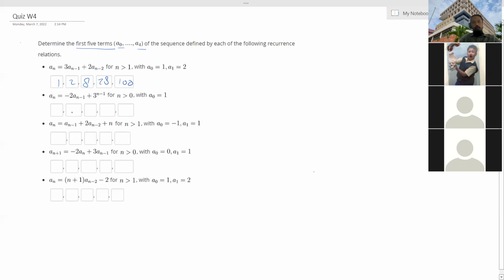What about this one? A0 is 1. Yes. What is the next one? Minus 1. So minus 2 times 1 is minus 2 plus 3 to the power of 0, which is 1. Minus 2 plus 1. So it is minus 1. Yes.